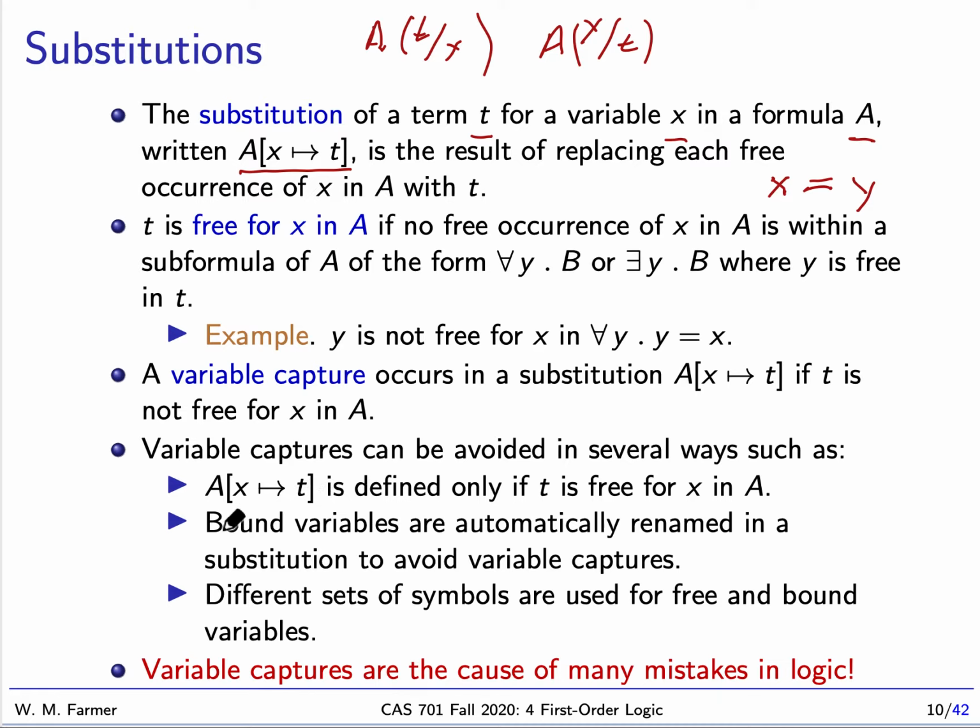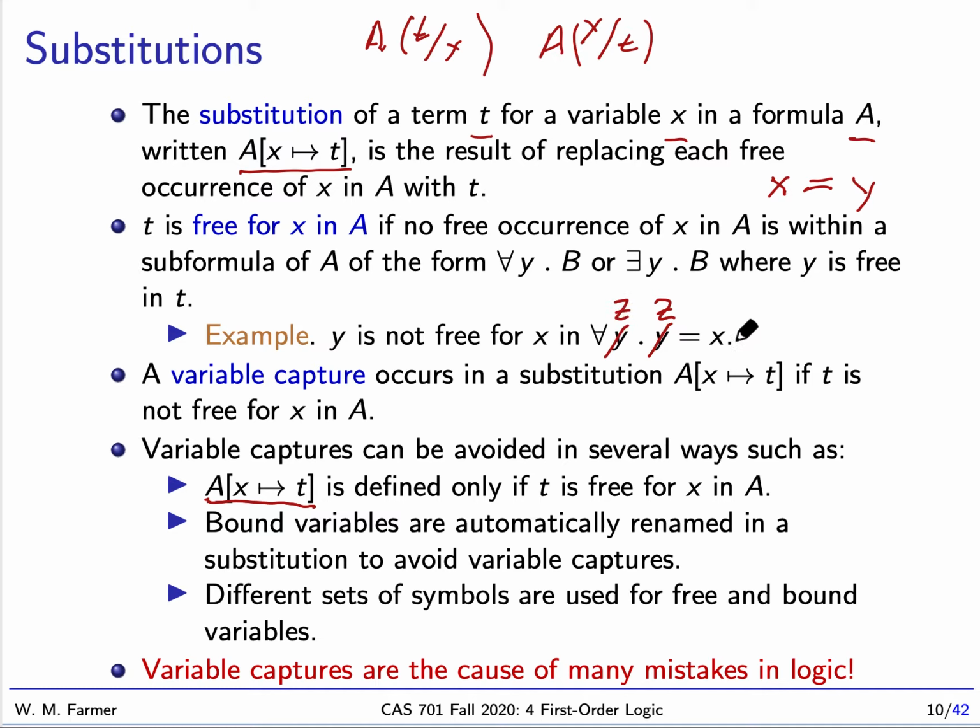The first is I define this substitution here only if t is free for x in A. That's one way. The other way is if I have a variable capture, I rename the variables. So if I was trying to substitute y for x here and I get this variable capture, I could rename this to z and rename this to z.